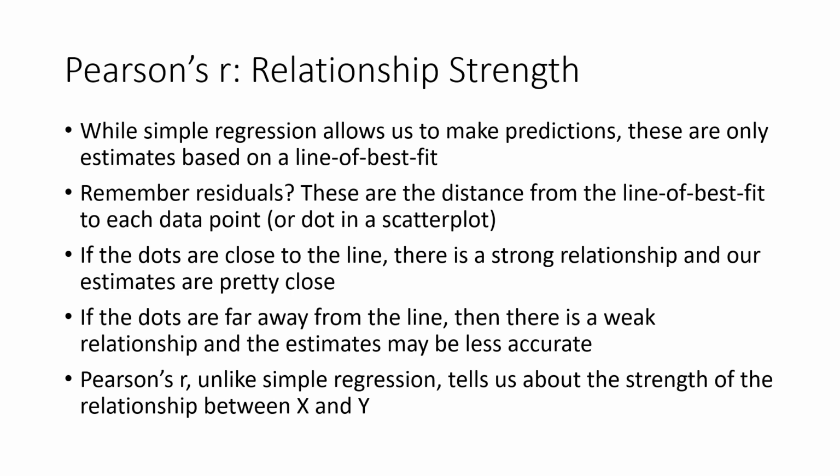If the dots are far away from the line of best fit, that demonstrates increased error in our model and therefore a weaker relationship. All right, so let's take a look now at how we can solve for R using the same data set that we used to solve for b and a.